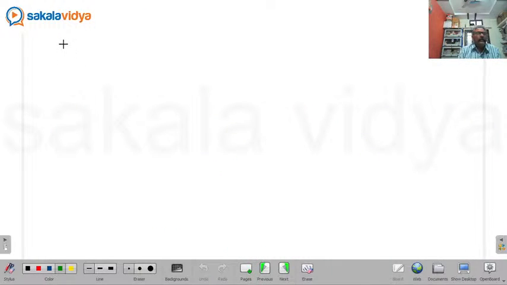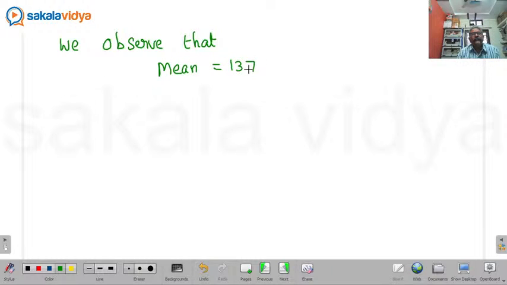So we observe that mean equals 137, median equals 135.